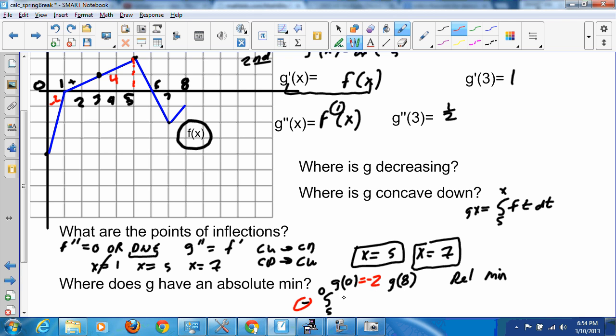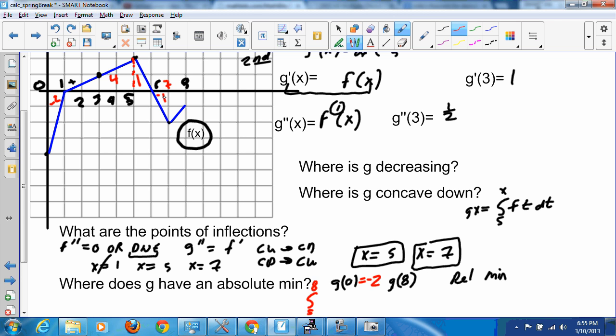Well, g of 8, use this space over here. The limits of integration are properly ordered, right? The lower value is on the bottom. So we're just going to look at what this value is from 5 to 8. Well, this is another triangle, base 1, height 2. So that's a positive 1. And here we have this little section, which is another triangle, base 1, height 2.